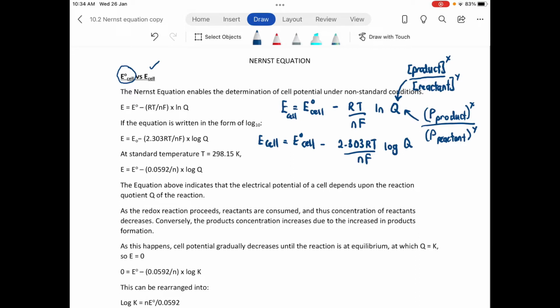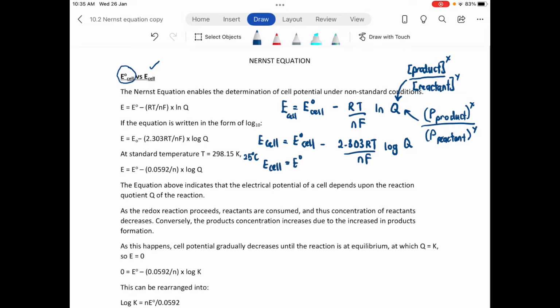If the cell is constructed at a temperature of 298.15 Kelvin or 25 degrees C, then we can simplify the equation by substituting 298.15 Kelvin into the equation, and we end up with a much simpler equation.